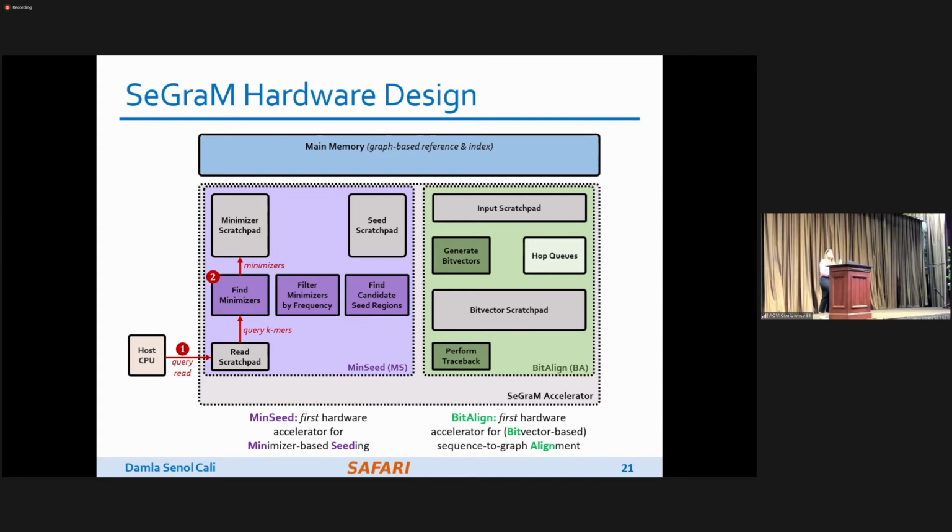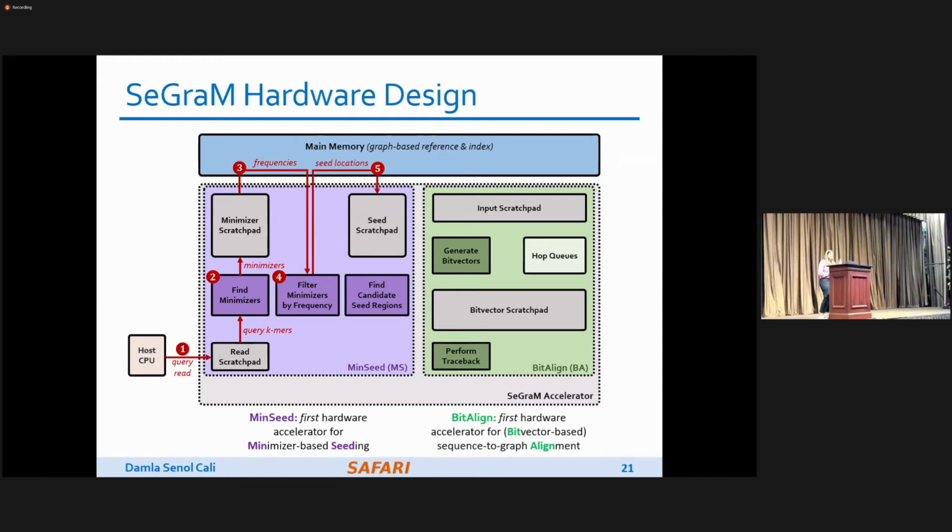For each minimizer, MinSeed fetches its occurrence frequency from the hash table sitting in the main memory and filters out each minimizer whose frequency is above a user-defined threshold. Here we aim to select the least frequent minimizers so that we can decrease the burden on the alignment step.